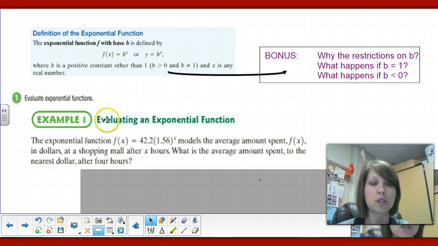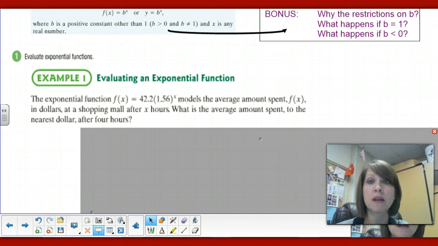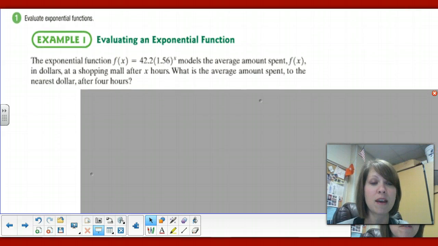Okay, so let's talk about Objective 1, Example 1, evaluating an exponential function. I'm not going to spend a lot of time on this. If you read through the question, you can pause to take a second to do that. But basically, we have an exponential function. Our base is 1.56.